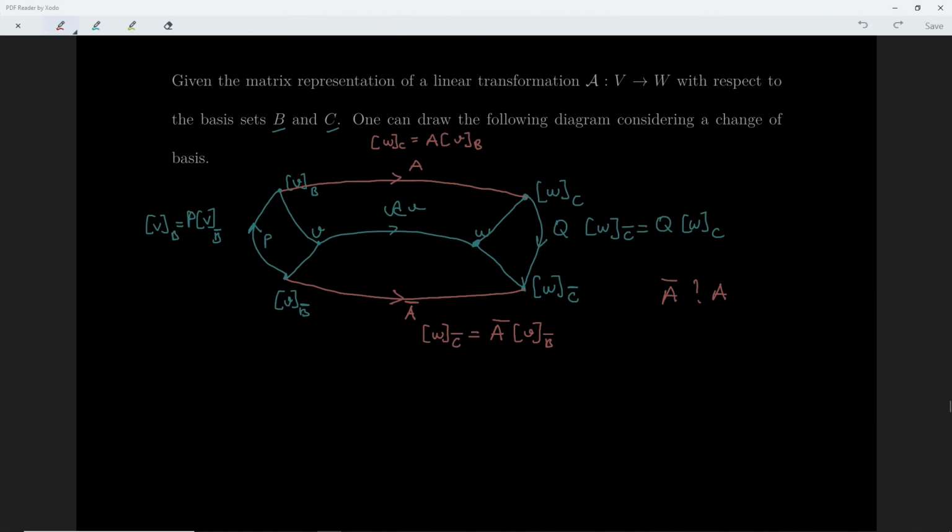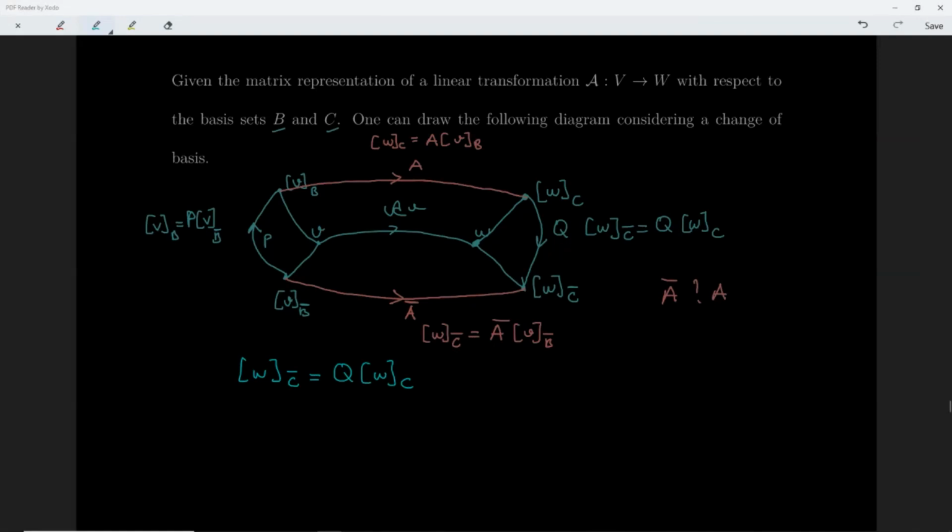So let me pick a pen first. I can start by expressing the representation of W with respect to C bar as Q times the representation of W with respect to C, right?